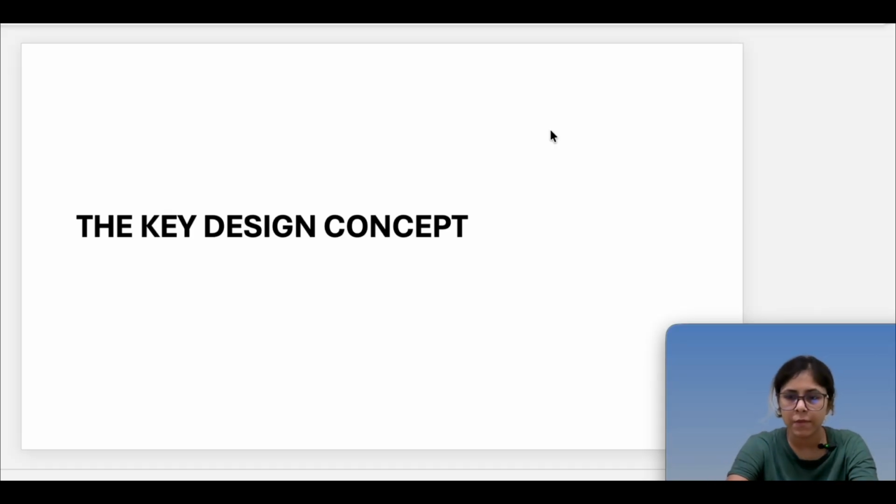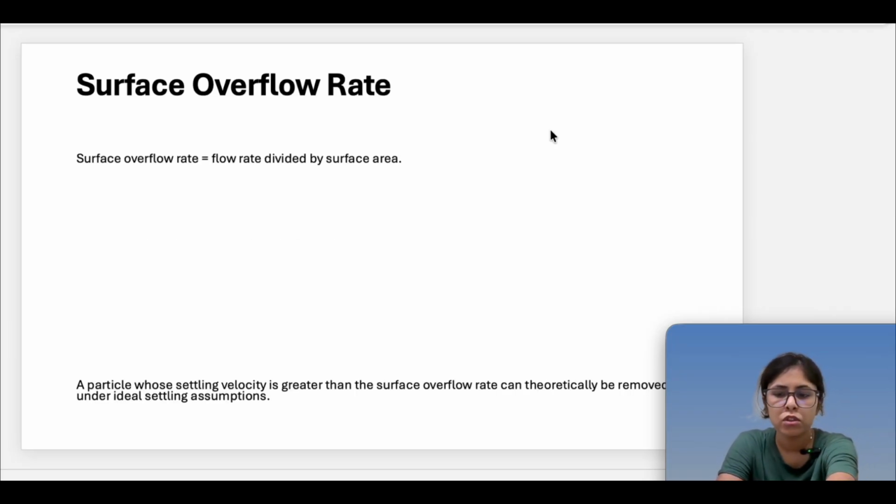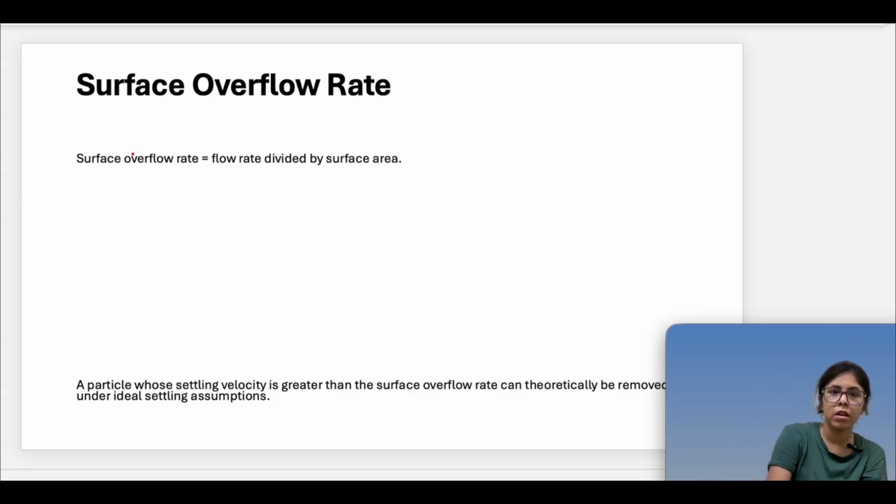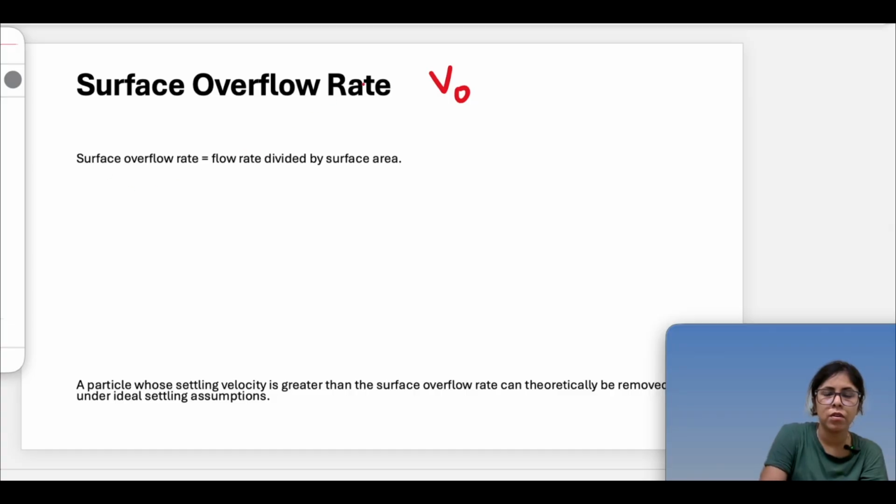Now let's see some key design parameters. The very first one is surface overflow rate. The surface overflow rate is flow rate divided by surface area. That means surface overflow rate is nothing but a velocity. We'll be using it as V naught.